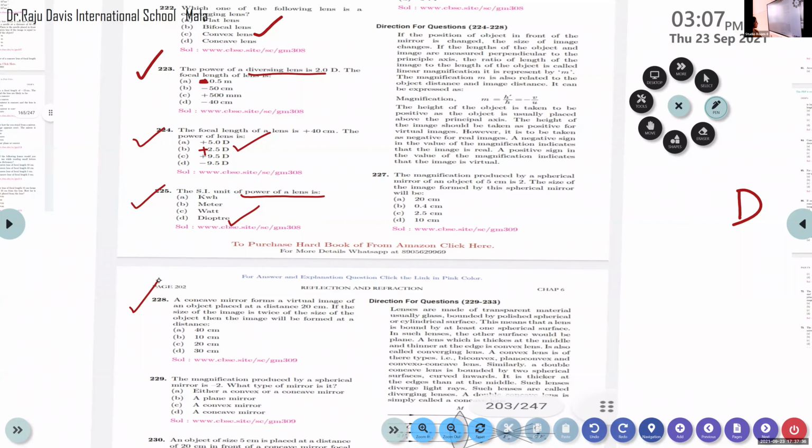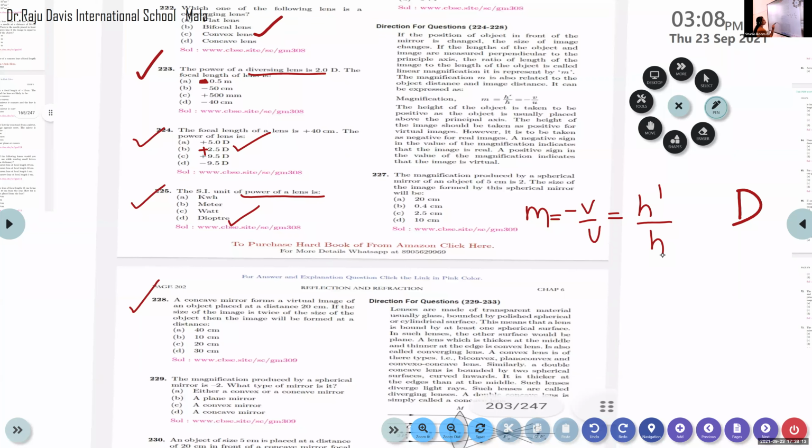Then what is the equation we can use here in order to find the size of the image? Minus V by U. Yes. We know that in the case of a mirror, magnification M is equal to minus V by U, which is equal to H dash divided by H. Here some parameters are given.